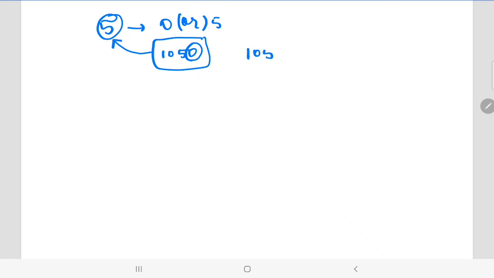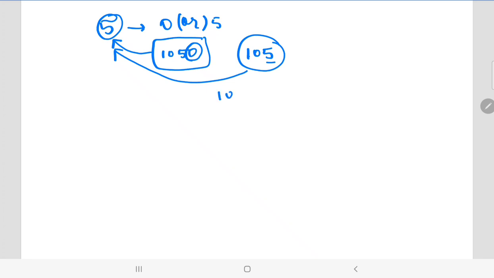Okay? So now let us see the divisibility rule for 5. If any number ends with 0 or 5, then that number is said to be divisible by 5. For example, if I take 1050, this number ends with 0, which means this whole number is divisible by 5. If I take 105, this number ends with 5, which means this whole number is divisible by 5.